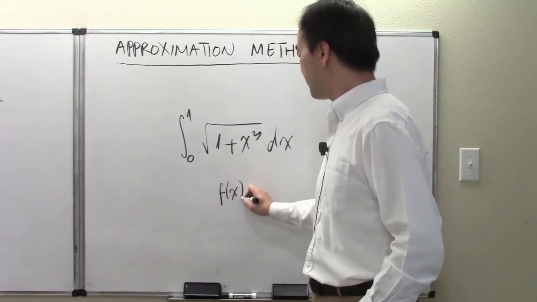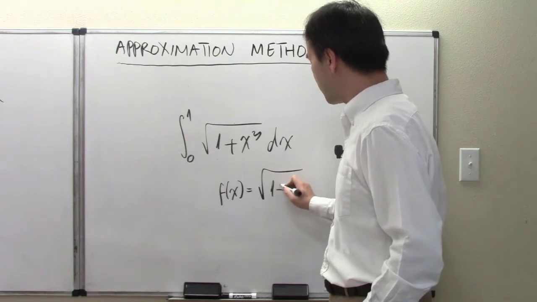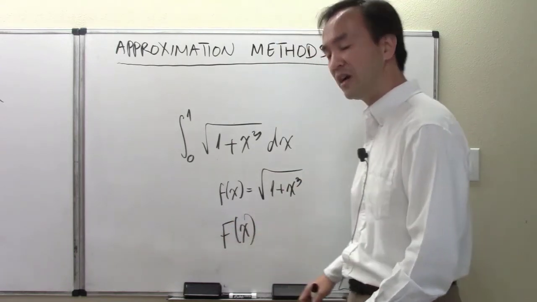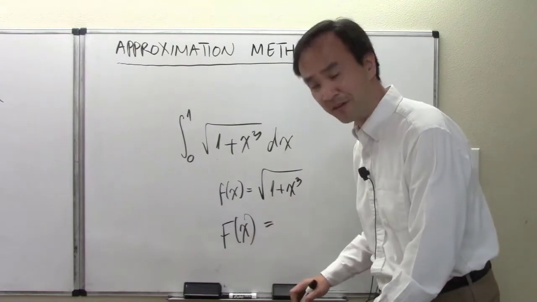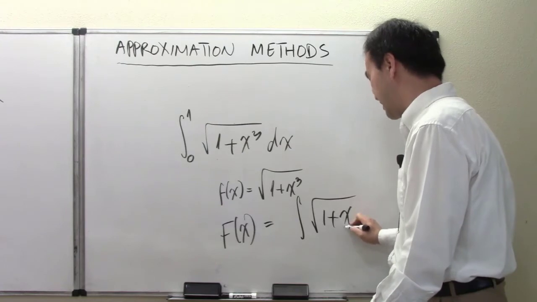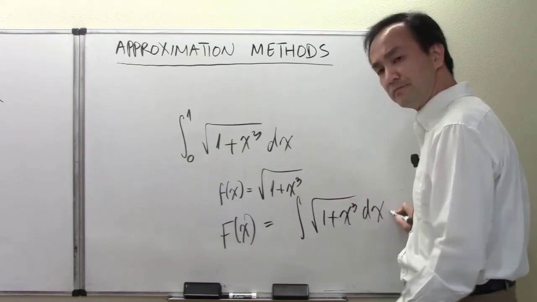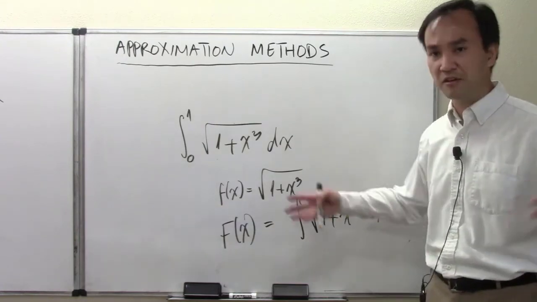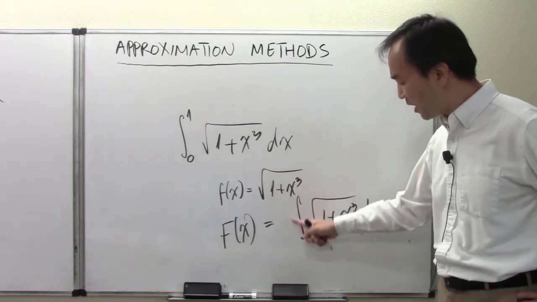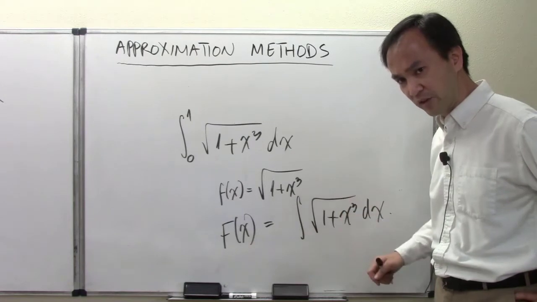Of course our f of x here is the square root of 1 plus x cubed. But now finding the antiderivative, capital F of x, is a mystery. I am not saying that it's completely impossible to do, but I am saying it's going to take maybe a few pages only for one indefinite integral problem, for one antiderivative problem.